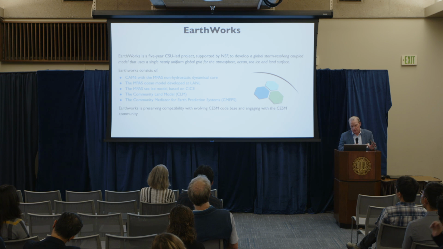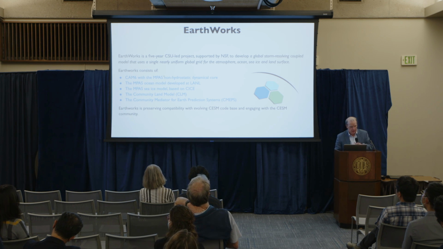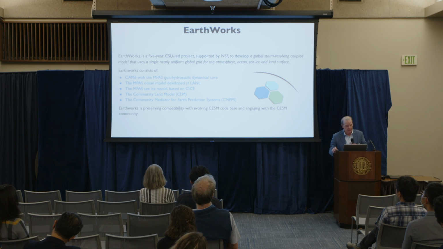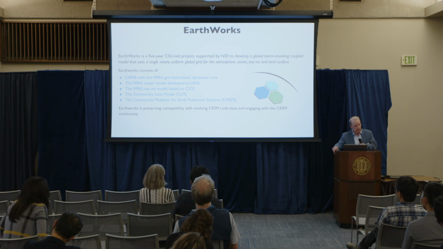And this new model is based to a large extent on CESM. So we're not building this from the ground up by any means. We're using CAM6 physics, but with the MPAS non-hydrostatic dynamical core, which lives on a geodesic grid.